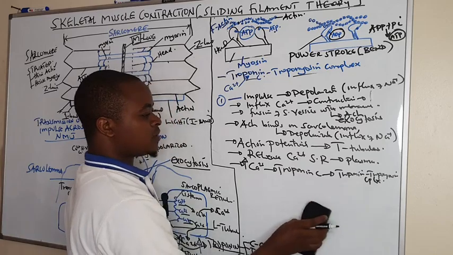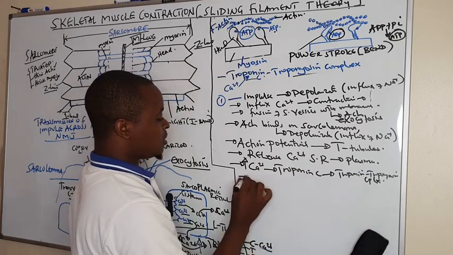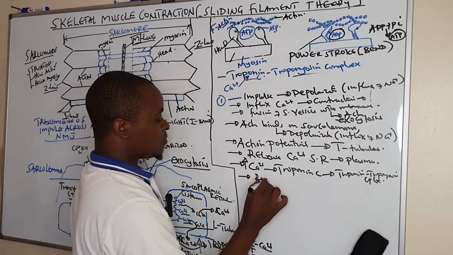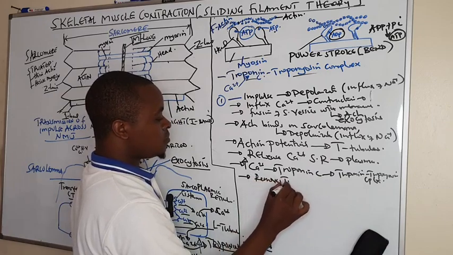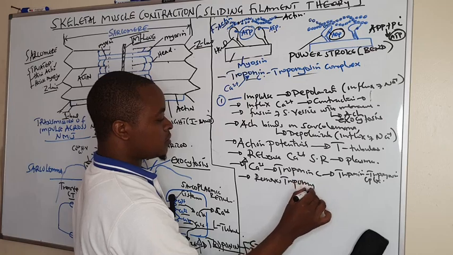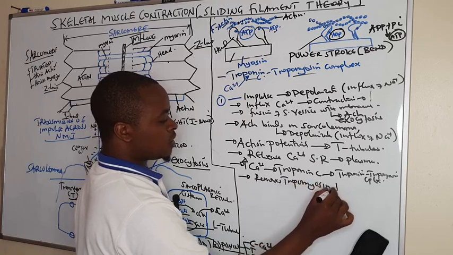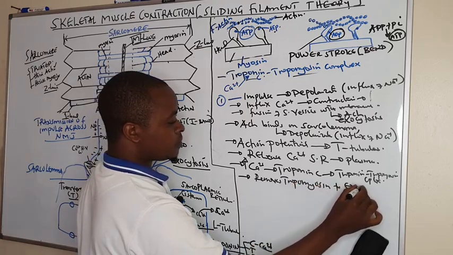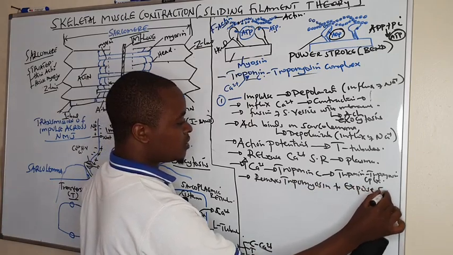And this complex is the one that removes tropomyosin to expose the F-actin binding site.